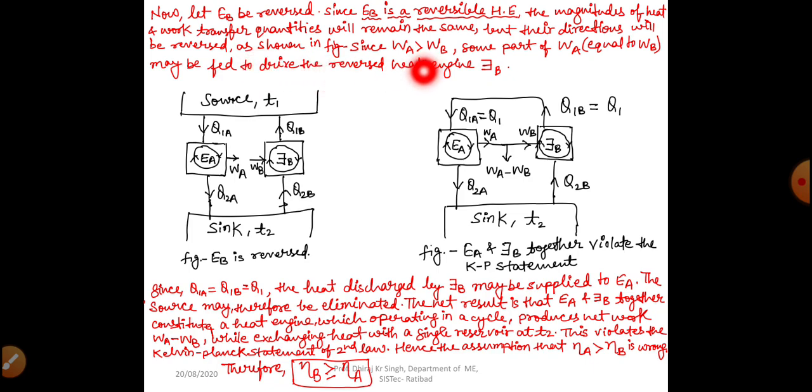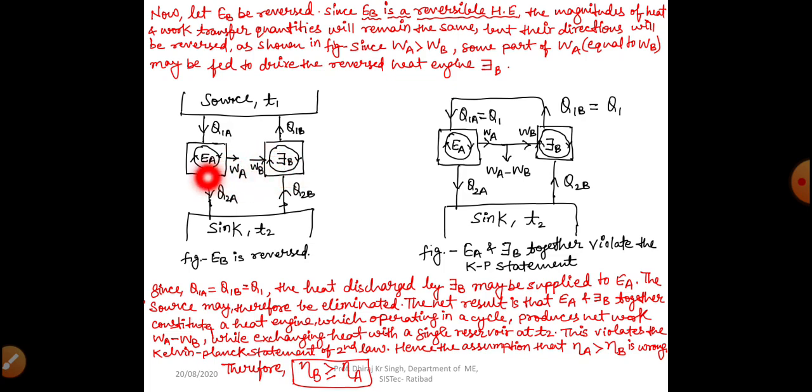As shown in the figure, as we have discussed earlier, WA is greater than WB according to our assumption. So some part of WA equal to WB may be fed to drive the reversed heat engine EB. That means we have taken the efficiency of A greater than the efficiency of B, and the result is that WA is greater than WB.